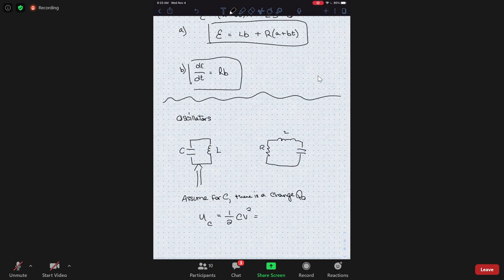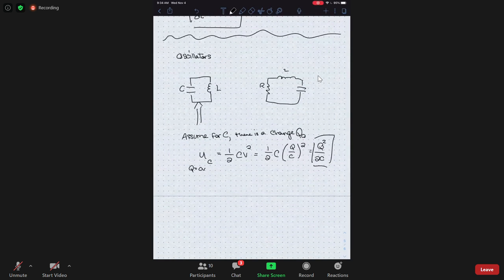Now we can also write this in terms of the amount of charge, because this is 1/2 C, and we know that Q is equal to CV. So this is Q over C squared, which is equal to Q squared over 2C. That's the energy stored in a capacitor.